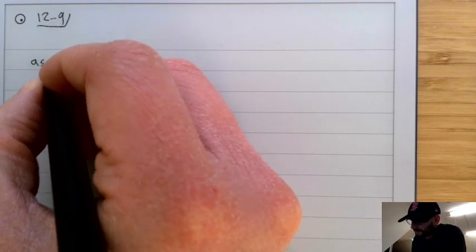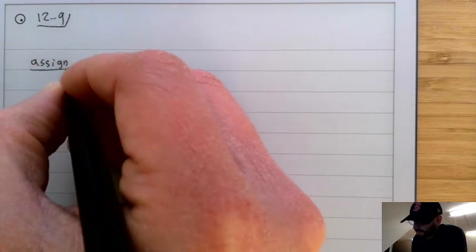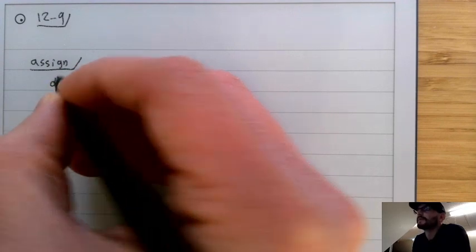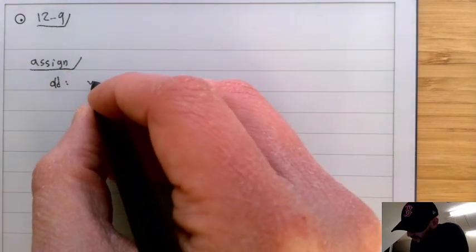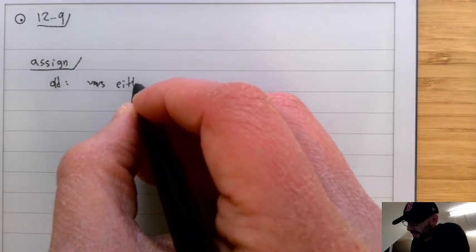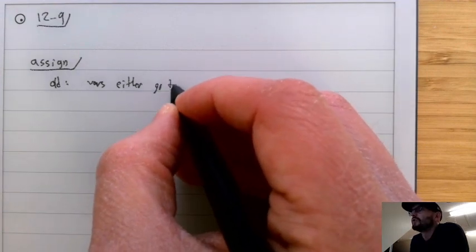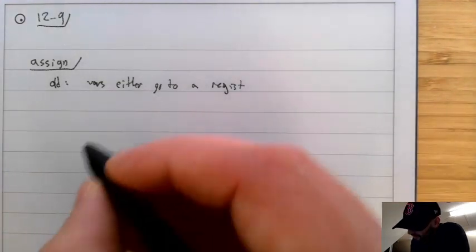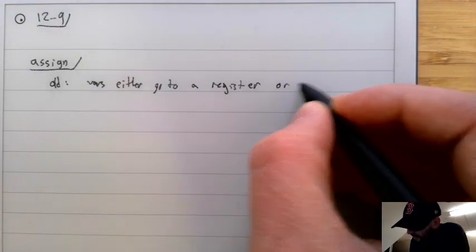Let's flip the page and do assign. 12.9. Here's what we're going to do to assign. So it used to be, this is the old rule, that variables either go to a register or the stack.